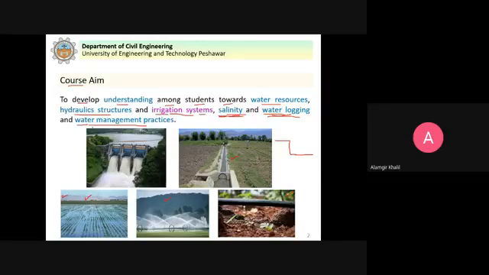Water management practices mean how to increase the storage capacity of water for useful purposes. That is, we need to construct more dams in order to store the water and then use the same water for meeting different demands.